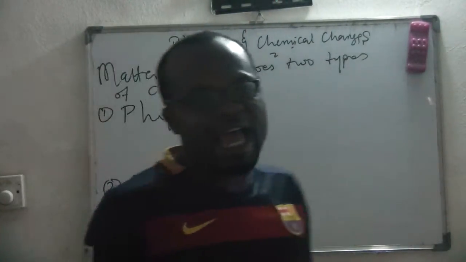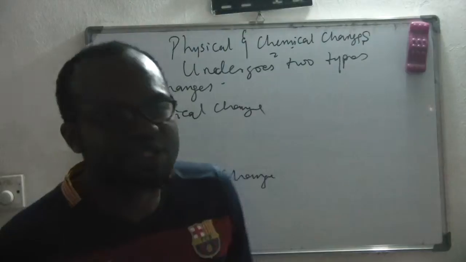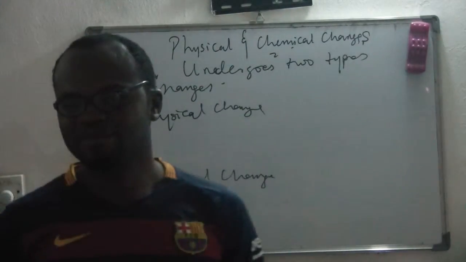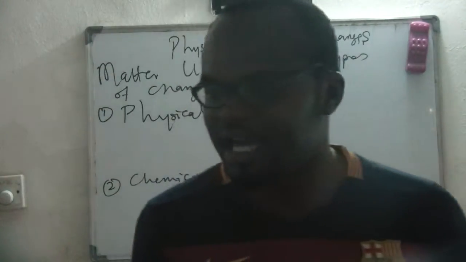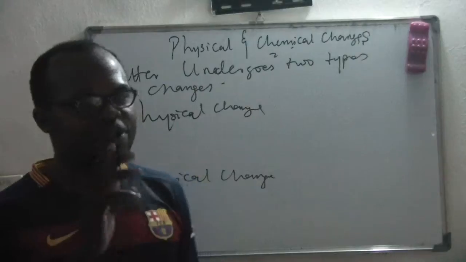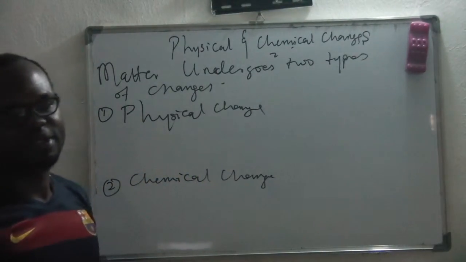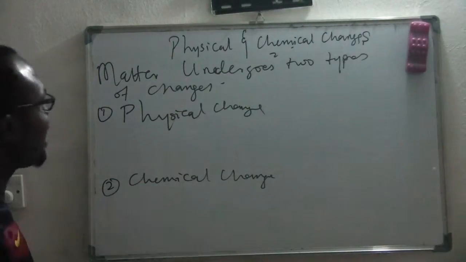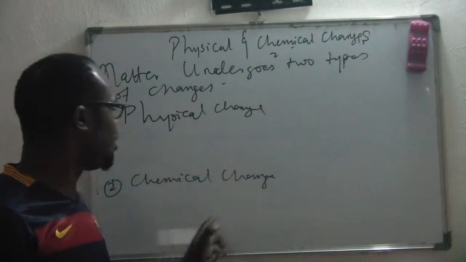So matter like ice block or common salt undergoes two types of change. Iron is a matter too. It undergoes changes too. So any matter can either undergo a physical change or a chemical change.